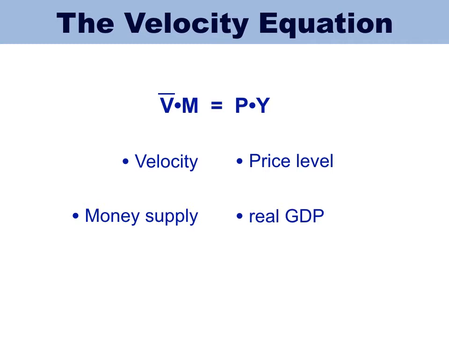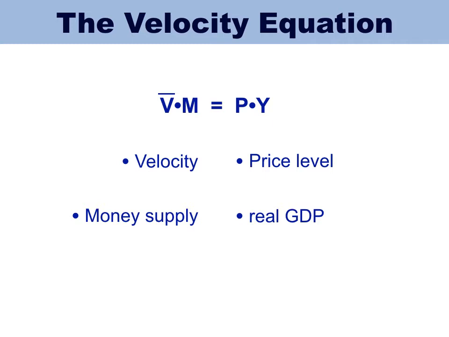Let's note a couple things in this equation. Velocity has a bar over top of it. This is to indicate that the velocity of money is constant. This is an assumption. It is a good assumption, but it does not always hold true.